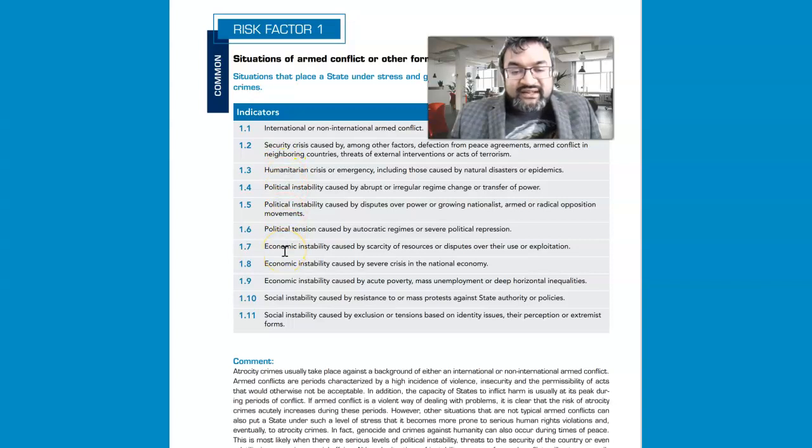And atrocity crimes usually take place against a background of either an international or non-international armed conflict. So this is what makes this fertile ground for armed conflicts and eventually even ethnic cleansing.